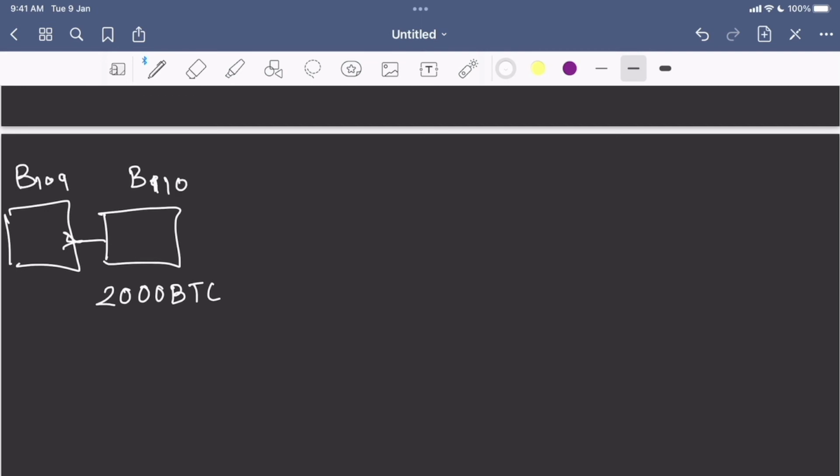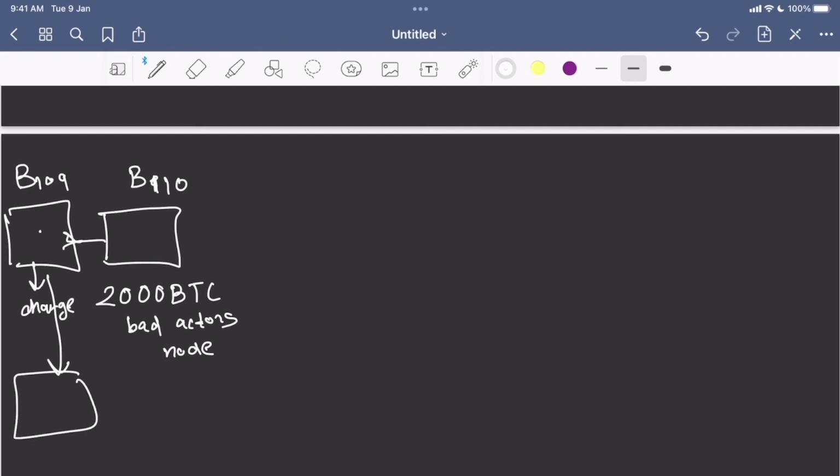This block contains the transaction of spending 2000 Bitcoin. So this was spent from a bad actor's node, right? So they will go back to this block 109, they will change it, or they will try to create a fork from here. They will create another fork chain from here.